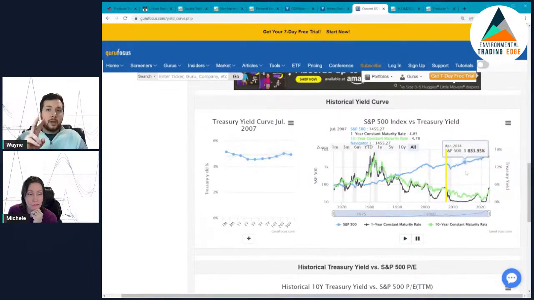So something to note about the last two recessions, .com and 2008: those are deflationary recessions. Those are growth-led recessions where growth slows first, right? Right now, we have an inflationary-led recession, much like 1970, 1974, and somewhat the 1980s.